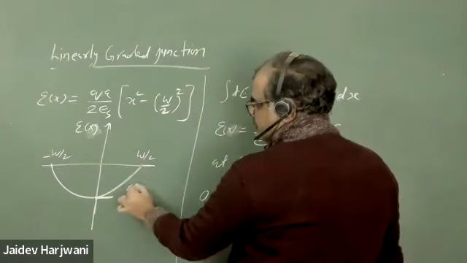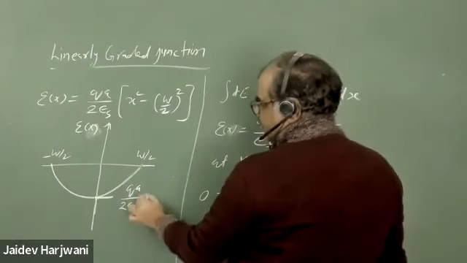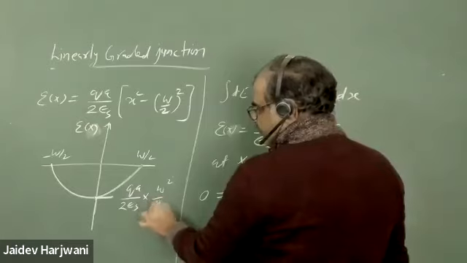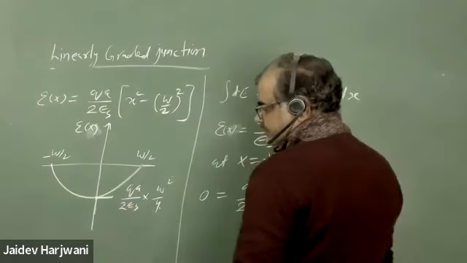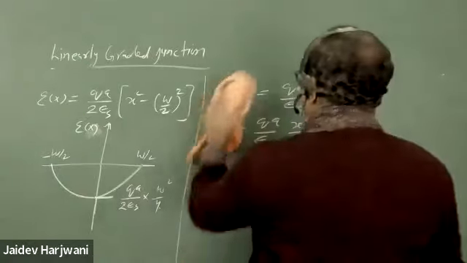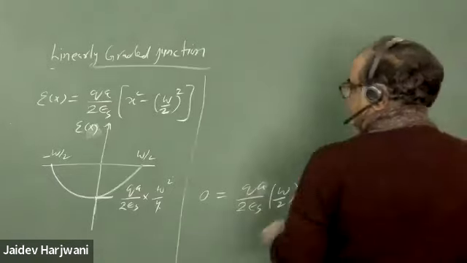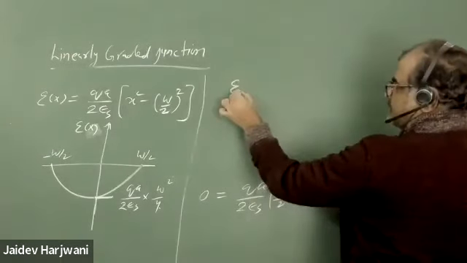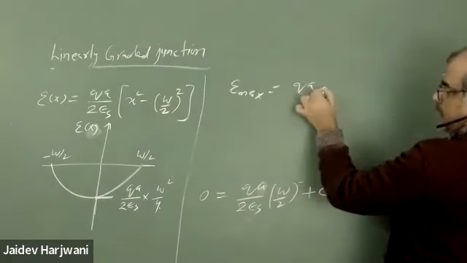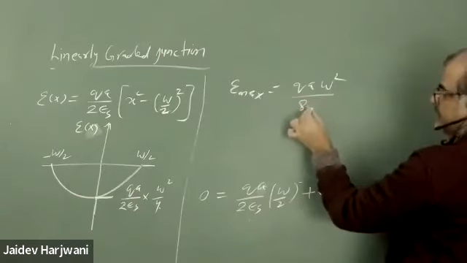So when you put x equal to 0, this will give you q a upon 2 epsilon_s into W square upon 4, so this becomes total 8. So E max value for this type of junction is q a W square upon 8 epsilon_s.